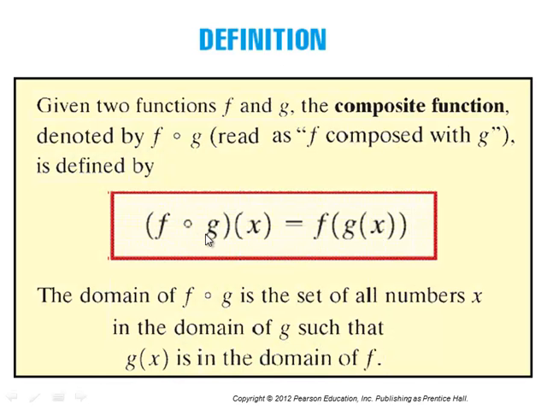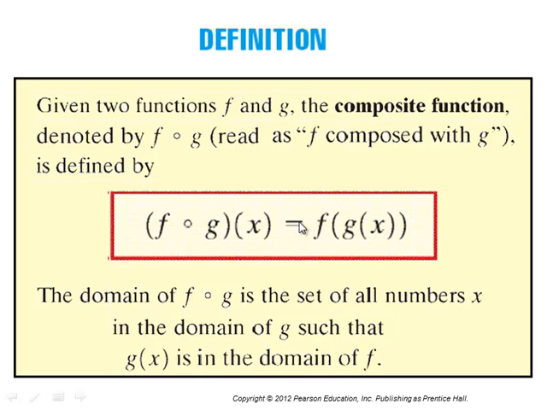And here's kind of what the notation looks like. Suppose that we've got two functions, f and g, and we're going to compose f with g to form this new composite function. Here's what the notation looks like: f circle g. And this reads f composed with g to form a new function. And so we're saying that f composed with g of x is really going to be f of g of x.